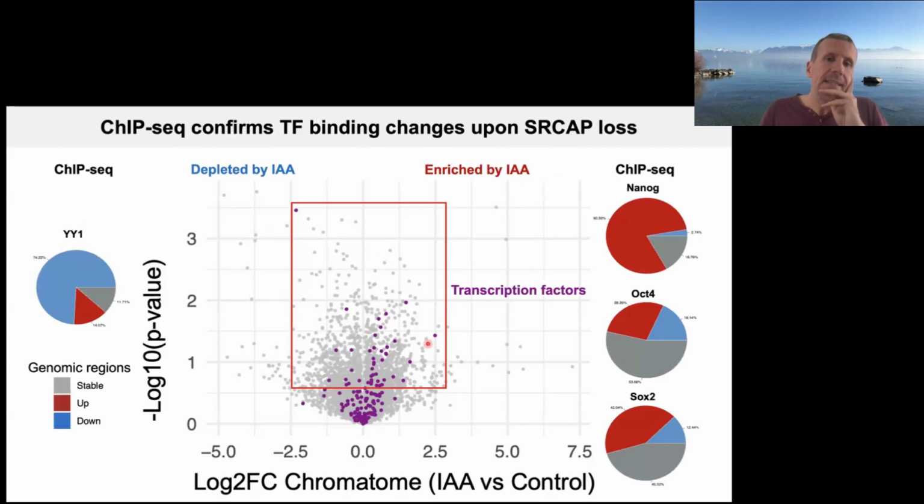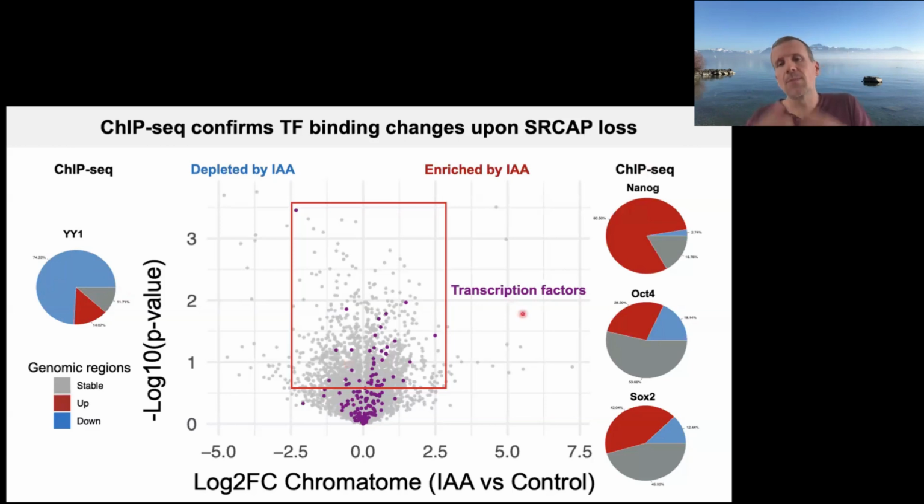And then we further validated these results by ChIP-seq on a few candidates. So for example, YY1 was a transcription factor that had decreased footprint and that was depleted on the chromatome. And what we saw is that when you treat cells with auxin, at most genomic loci where YY1 binds, you actually have a decrease in the intensity of the ChIP-seq peaks.